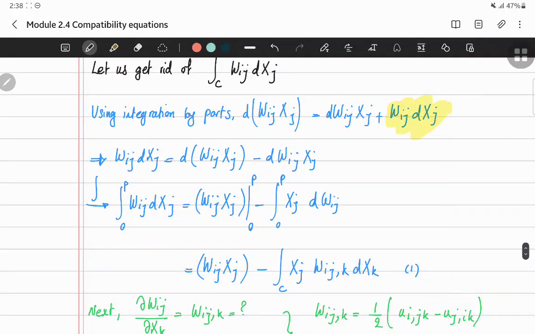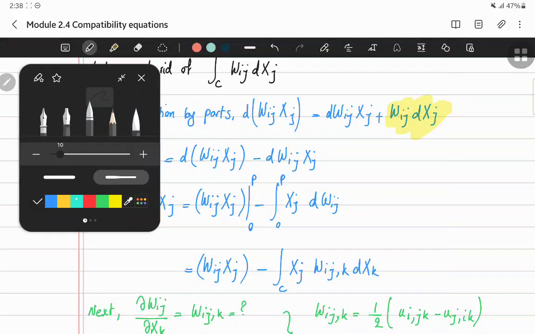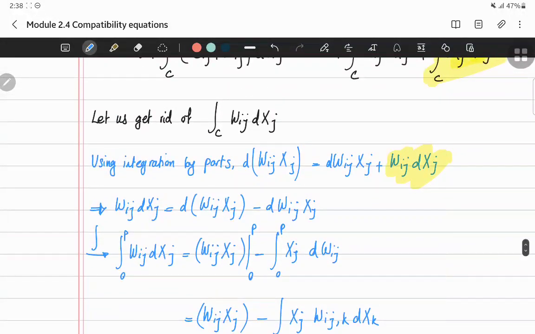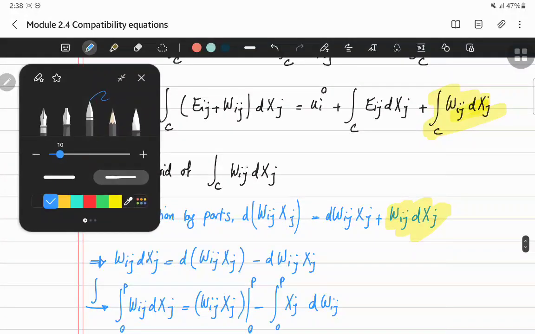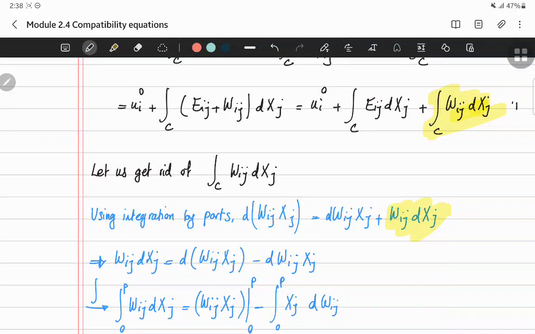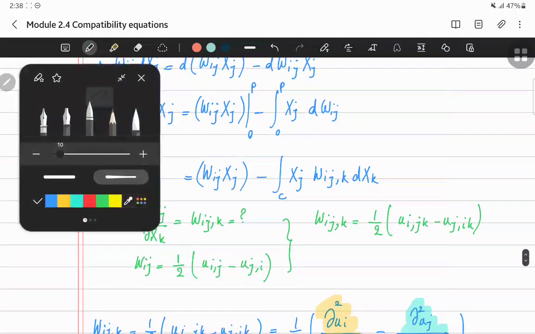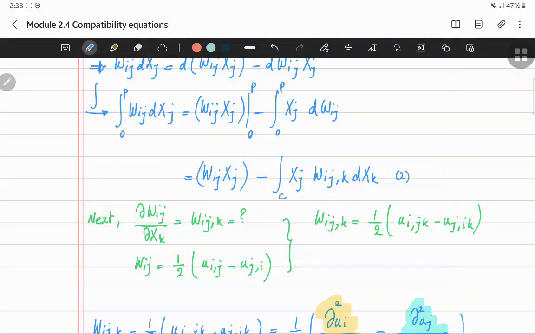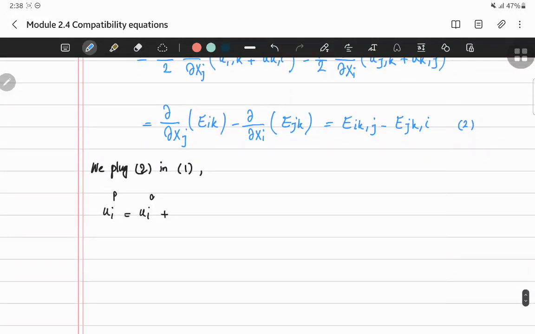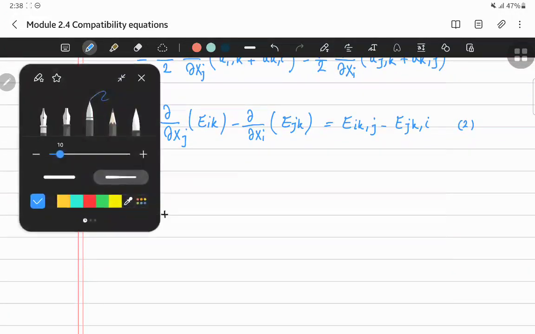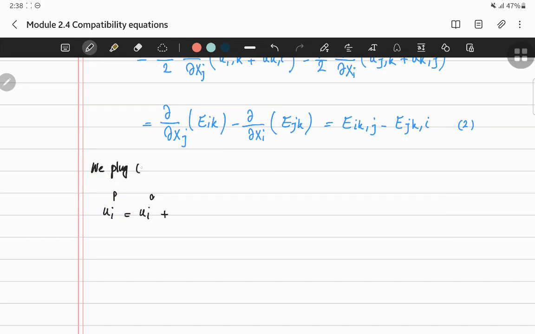So it is 1, this is 1, this is 1, this is 2. So we plug in first 2, then 3 in 2, and then in 1, right?